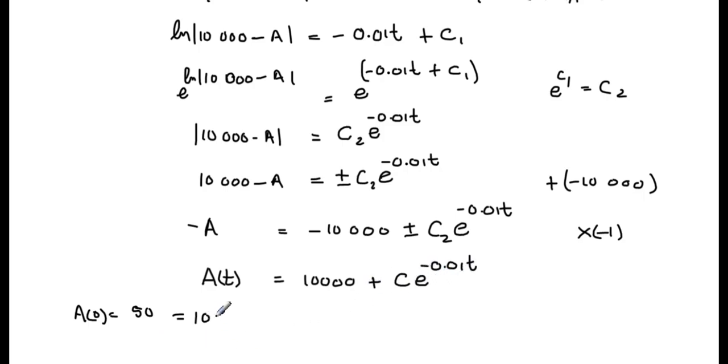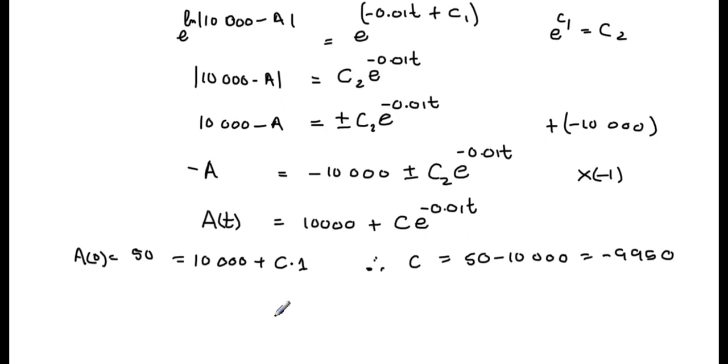So we've got here 10,000 plus C times 1, because e to the power 0 will be 1. Then I think you can see that it simply gives us the conclusion that C is equal to 50 minus 10,000, which will give us minus 9,950.